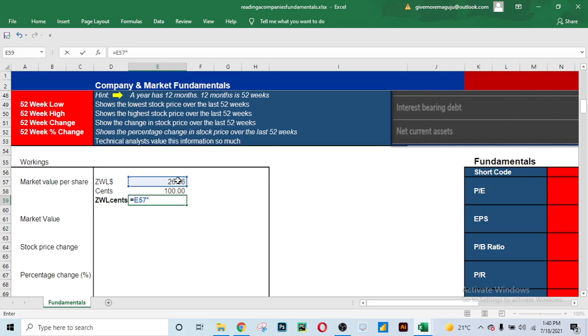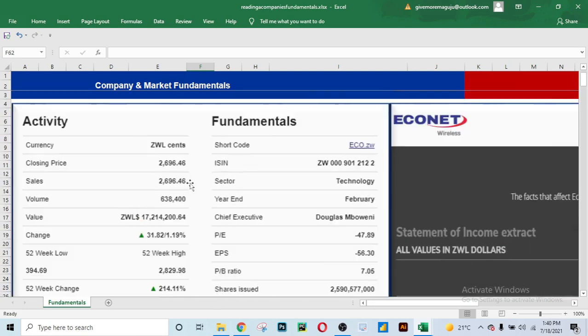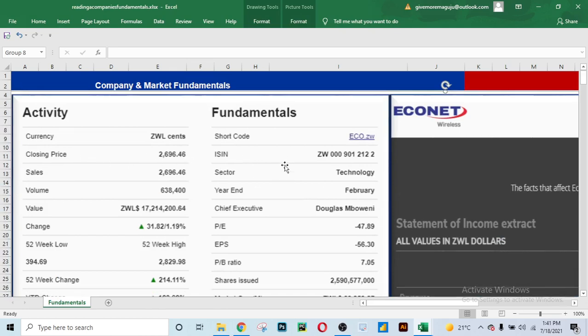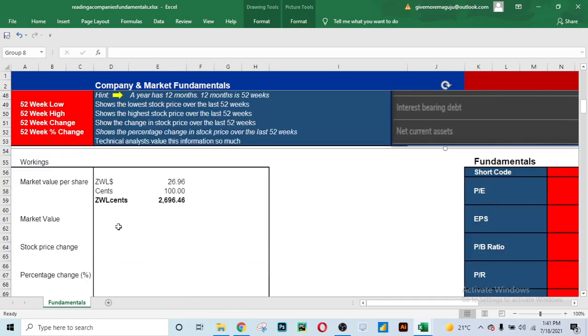So times 100. If we press OK, as you can see, our share price is 2696.46, which is exactly the same as the closing price shown here, which is perfect. Now that's cool. Let's go to market value.